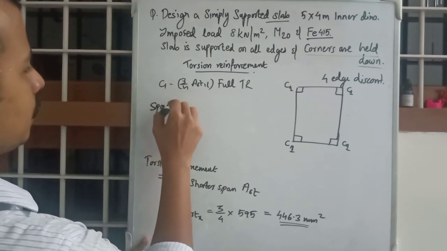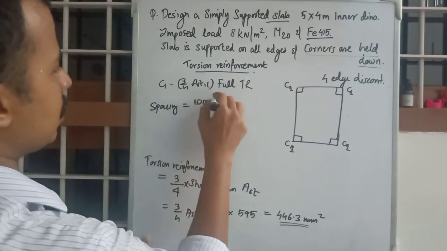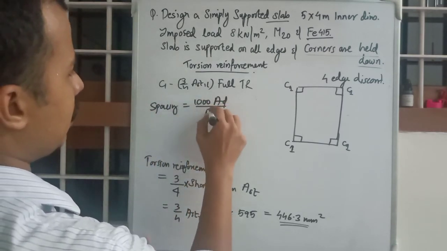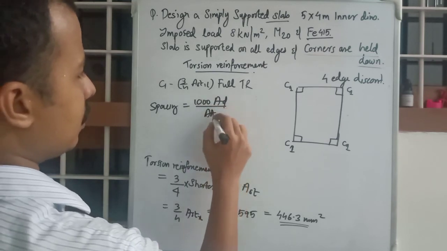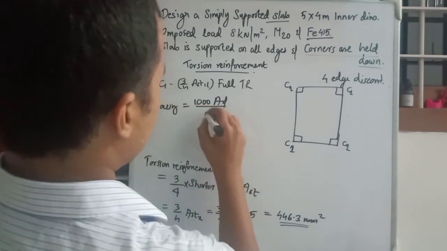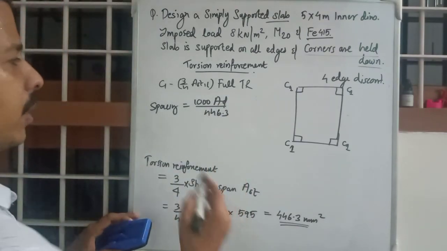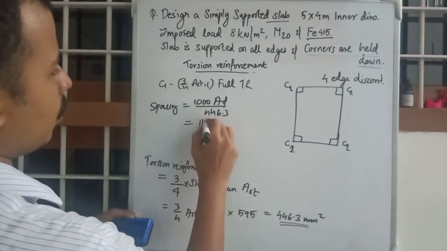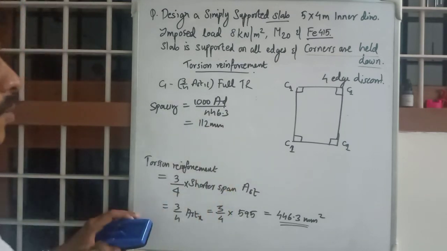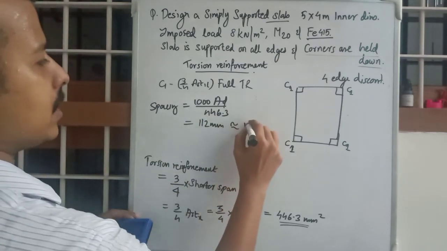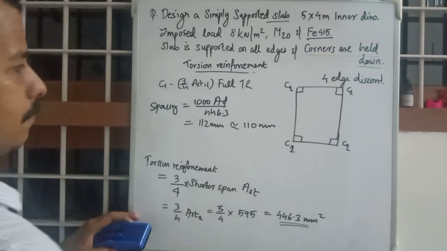Spacing is equal to 1000 A_phi by AST, where AST is 446.3 and A_phi is pi by 4 into 8 squared. You will get 112 millimeters. So we will round it as 110 mm.